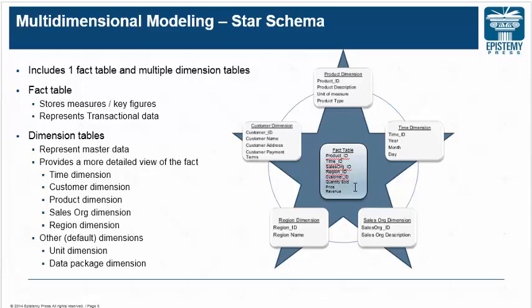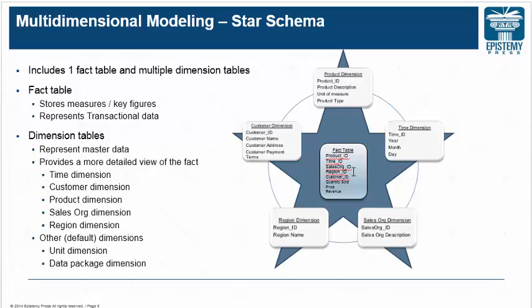If I ask you what would be a key figure, sales would be a key figure, revenue would be a key figure. Now you can show information about the fact table using one or more of these dimensions. So I can show, for example, the revenue by customer. I can show the revenue by region.